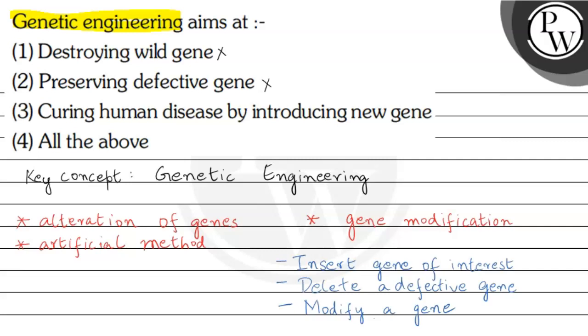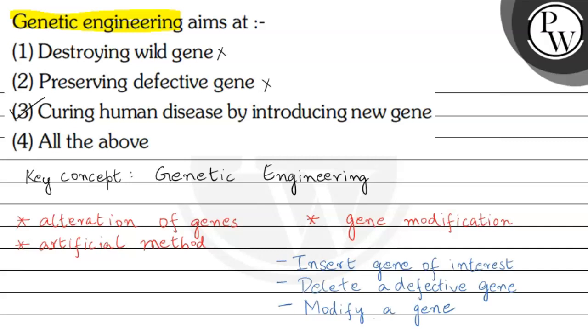The third option says curing human disease by introducing new gene. So this will be the right answer because this is an example of gene therapy where genetic engineering is used to cure human diseases by introducing new genes.